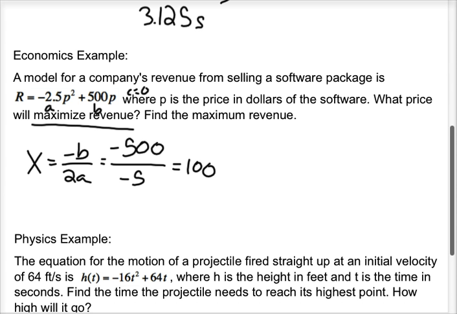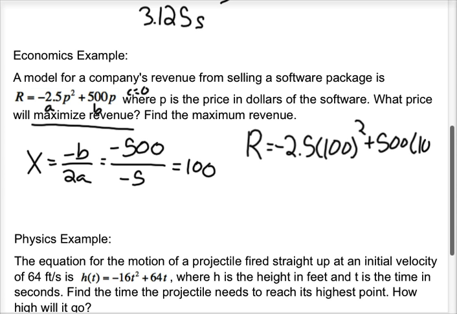Okay? And it wants to know what is that actual maximum revenue. Well, to actually find that, we're plugging in that 100 into the equation that we started with. So all I'm doing is I'm plugging in that 100.